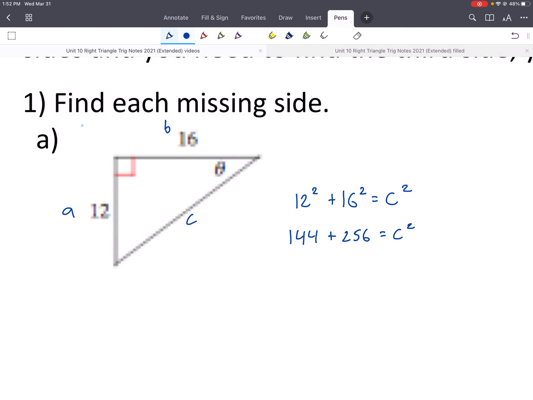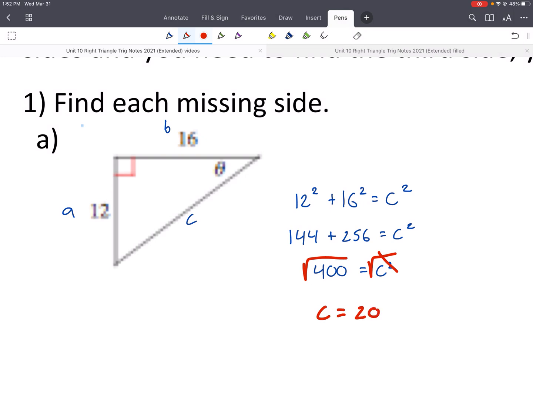Combine like terms, that gives me 400 equals c squared. To get rid of a square, the inverse is the square root, and we end up getting c is equal to 20.